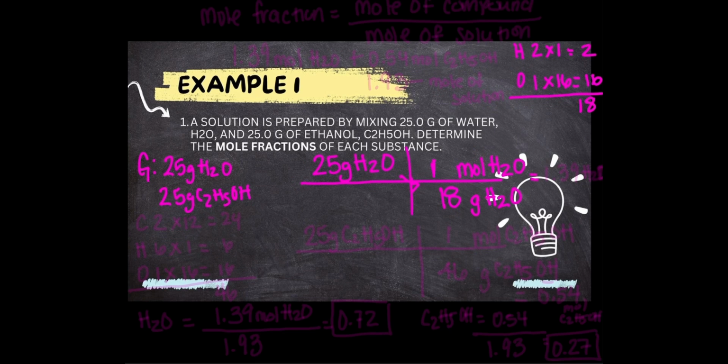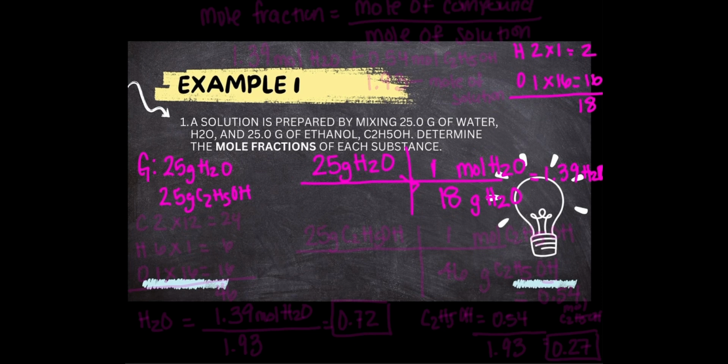When I do the math, I am going to divide 25 by 18, and that gives me 1.388, but I'm going to round it up to 1.39. So that is my mole of H2O. Actually, let me set this up. Oops, I hope you can see that, of H2O.